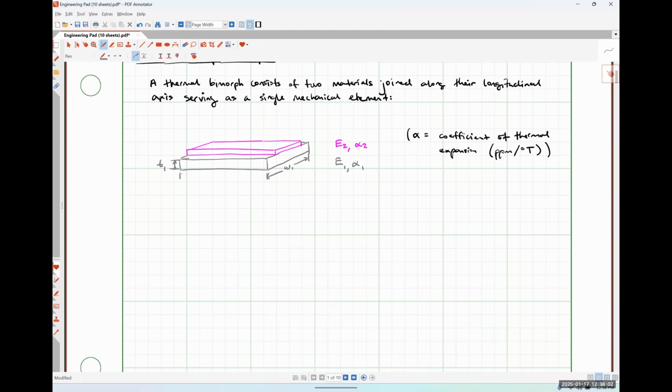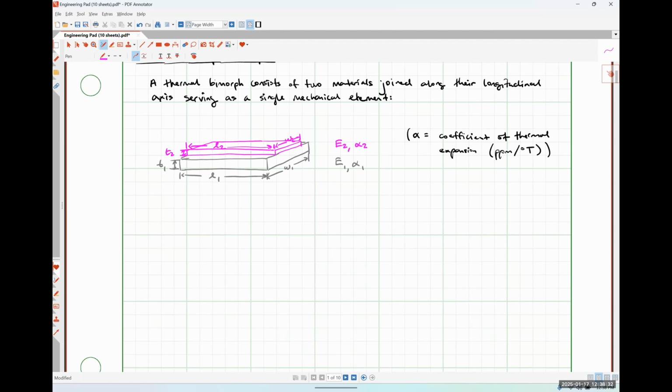This right here might be the length of material 1. And then very similarly, we would have some thickness 2, width 2, and length 2, like so.